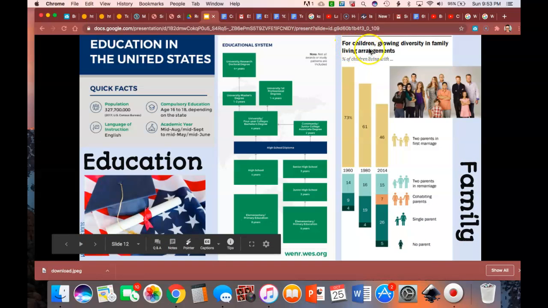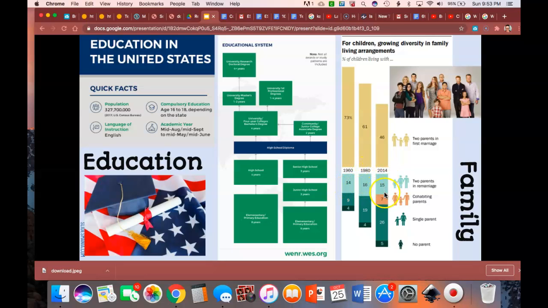And then our families here, this is for children growing up in diverse family living arrangements. 5% of children live with no parent. We have 26% single parent, 7%, 15%. So this is the year, and if you look right here, 1960, 1980, 2014.